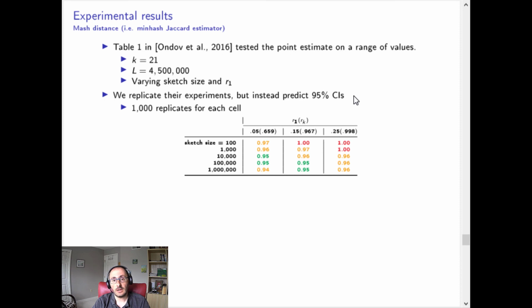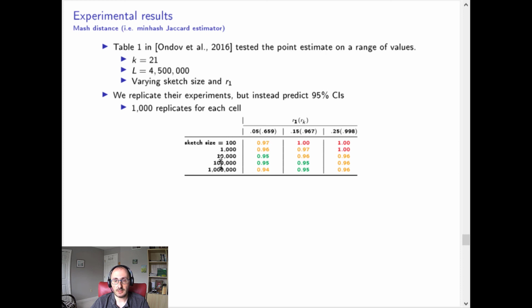We then looked at our estimator for the min-hash-Jaccard, or for the Mash distance, and we essentially recreated a table from the original Mash paper, but instead of putting the point estimate in each cell, we did the experiment as in the previous slide, where we measured in practice how accurately our predicted confidence interval captures the true R value.